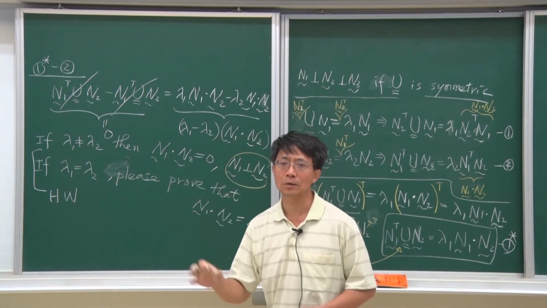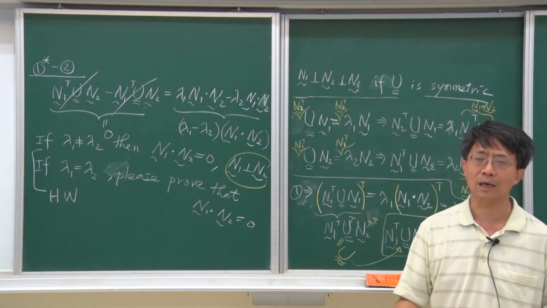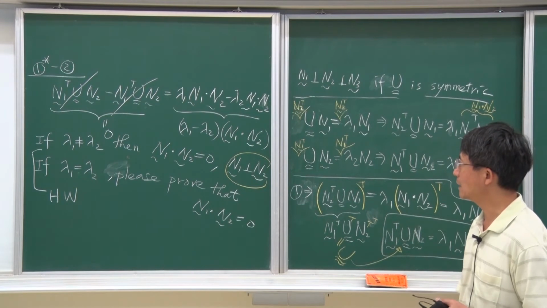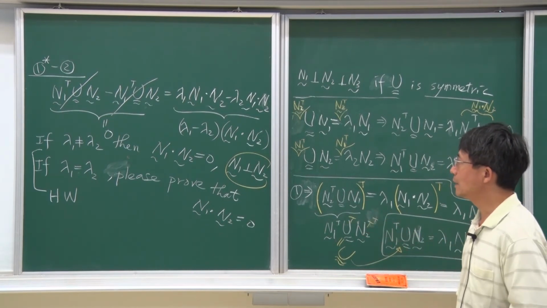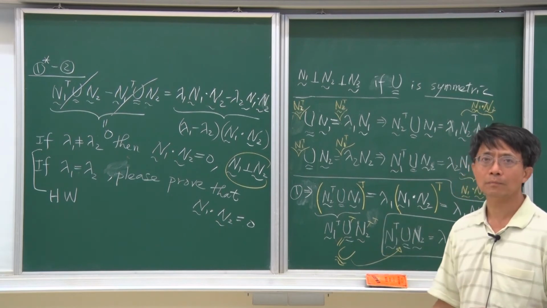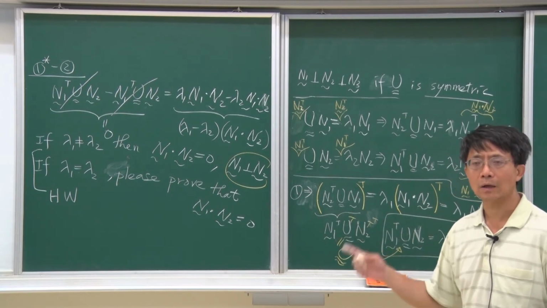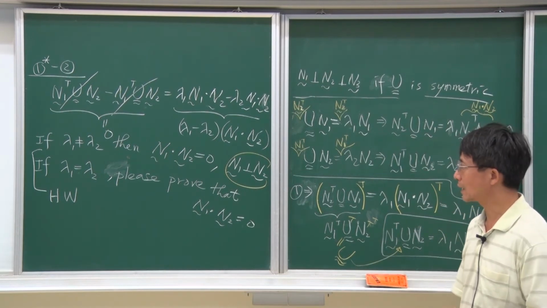It means that even though the eigenvalues are the same, we still have the property that the eigenvectors are perpendicular to each other. This is our homework. Please turn it in to me in the class.